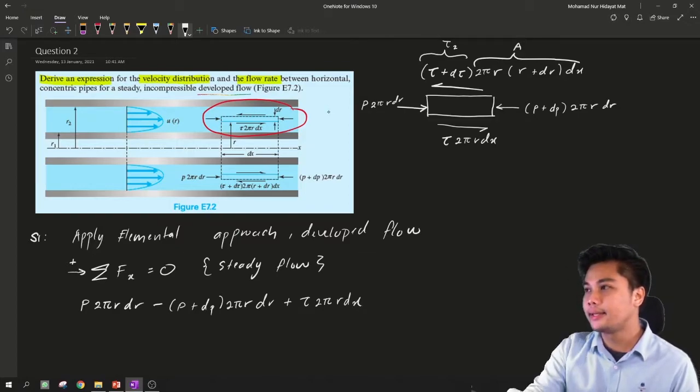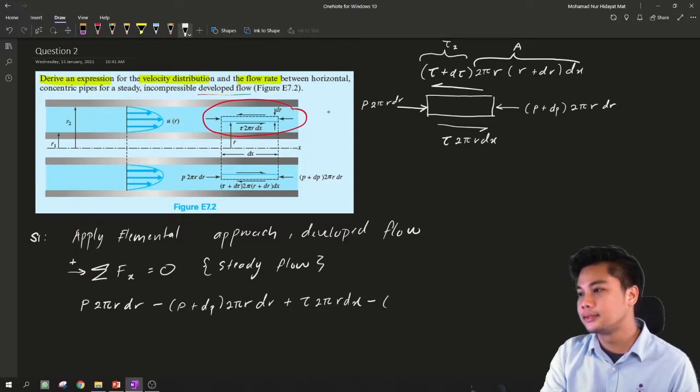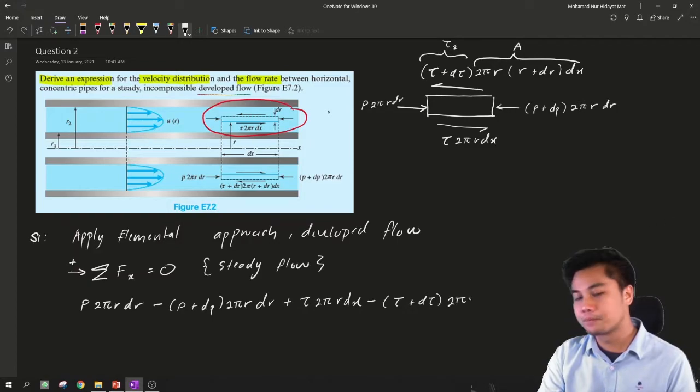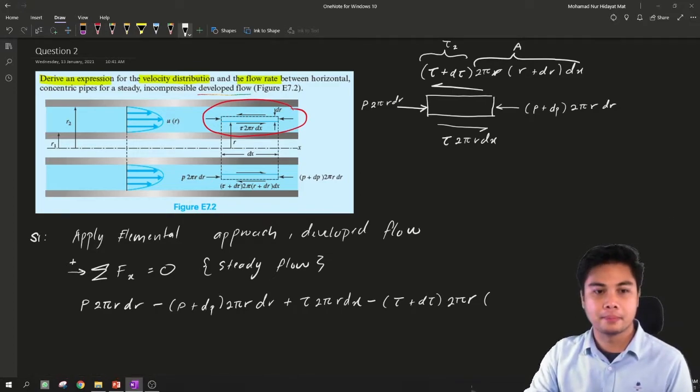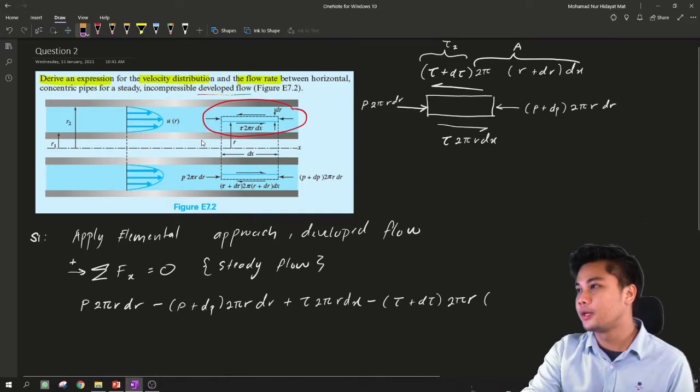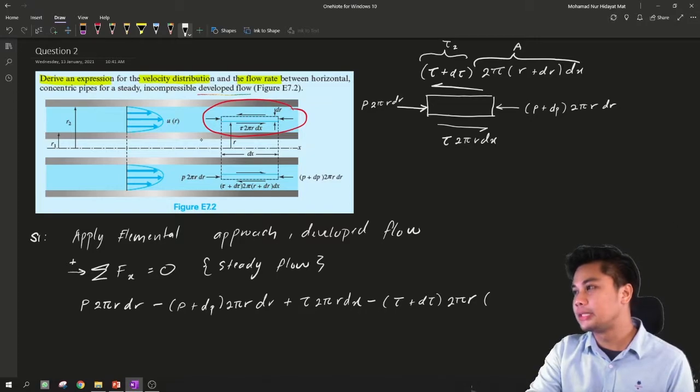Then to the left is minus tau plus d tau, the change of tau in this location, multiplied with 2 pi, multiplied with r. The 2 pi r here is actually 2 pi only, not r. So from here we can cancel 2 pi only. So this is correct, 2 pi r.